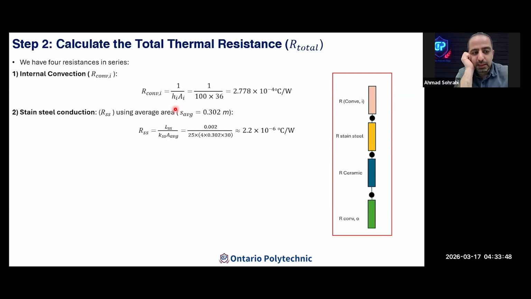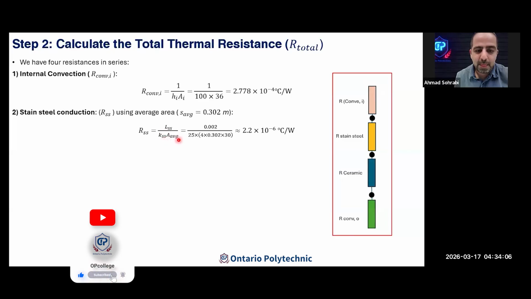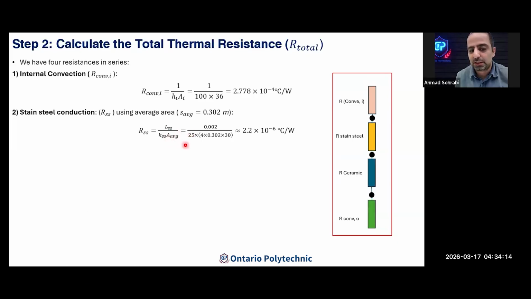For the stainless steel conduction through the duct, we need to know L, the thickness of the duct, and the conductivity coefficient is given. You just need to calculate the average area, so be careful how you calculate this average area. This is for the stainless steel.